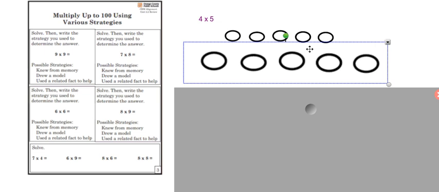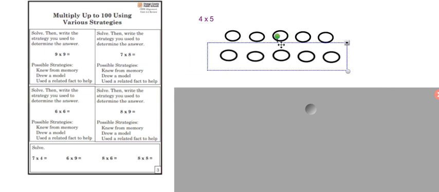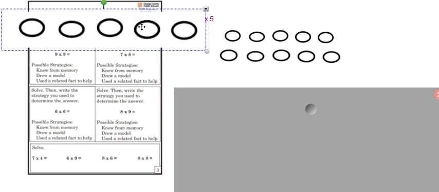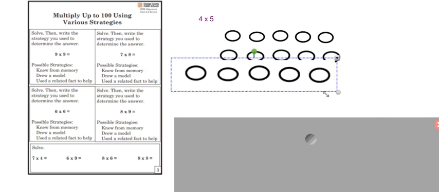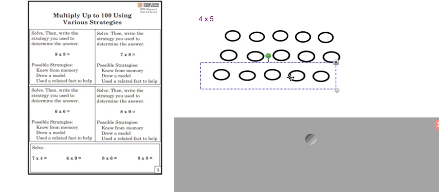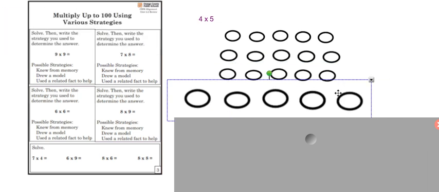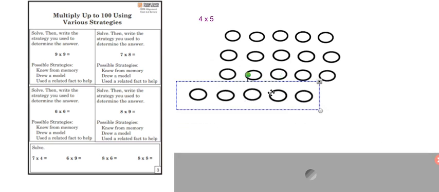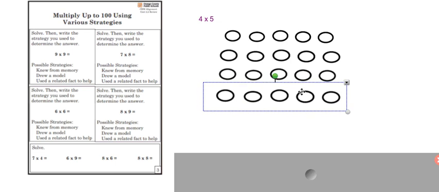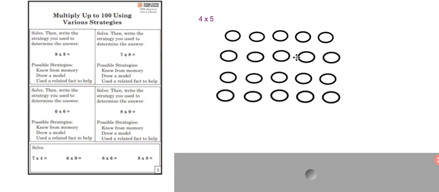This is very big, so I'm going to make it smaller. 2, 3, and 4. If you look at my array, my array is not perfect, but it's clear enough so that I know that I have 4 rows of 5, okay?